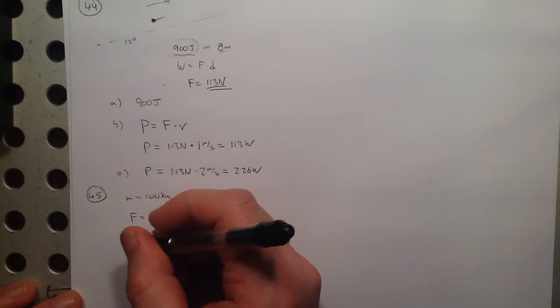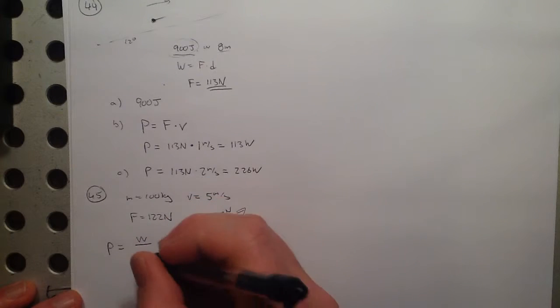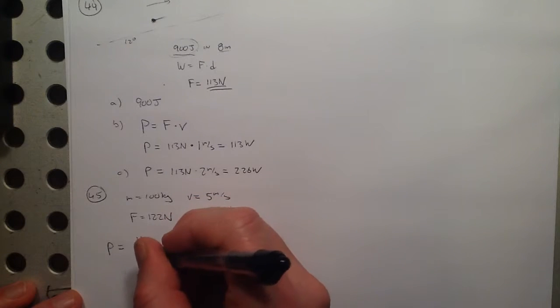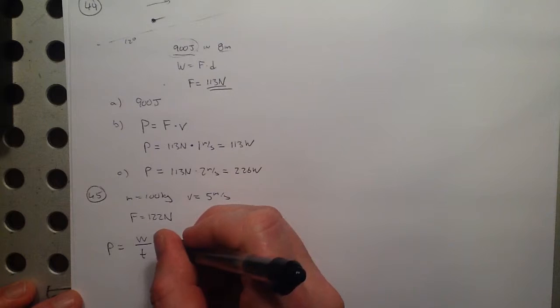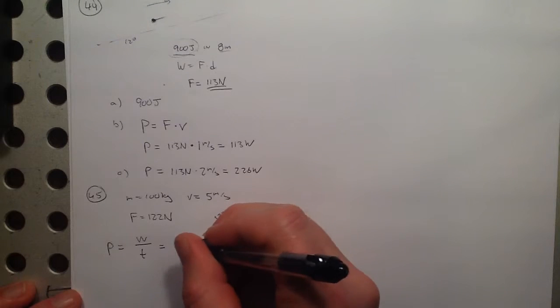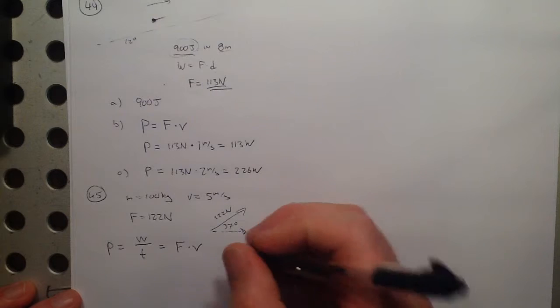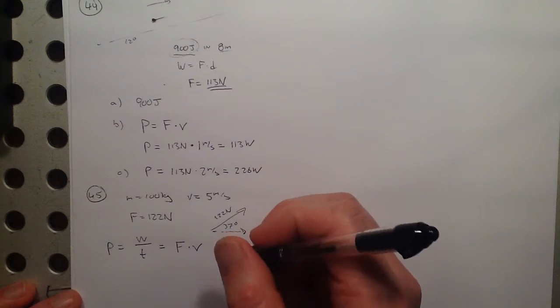So we have power is equal to work over time, or force times velocity. Since this is a constant force, these two things will be the same.